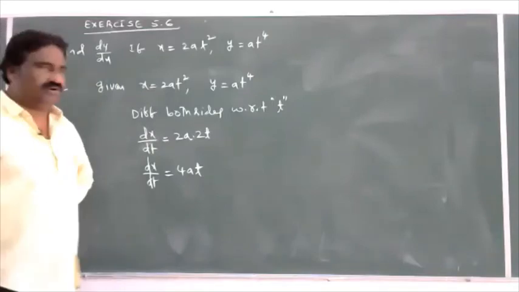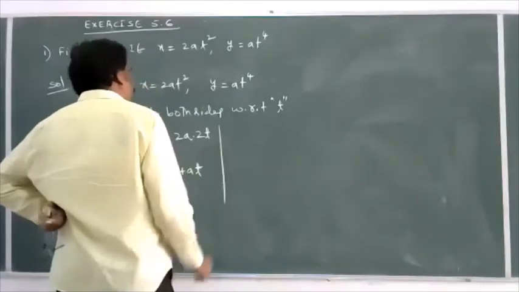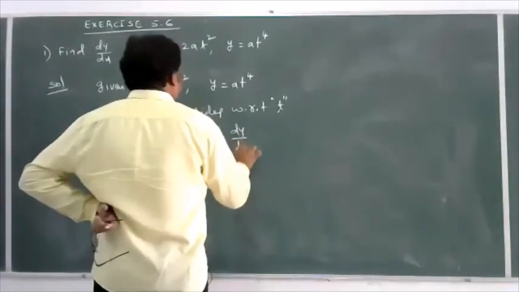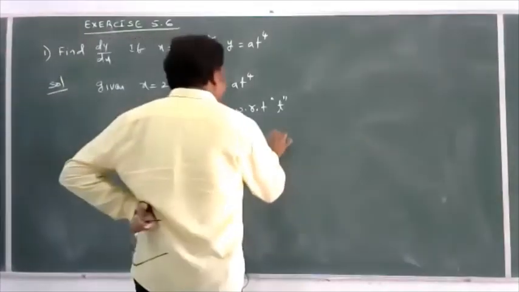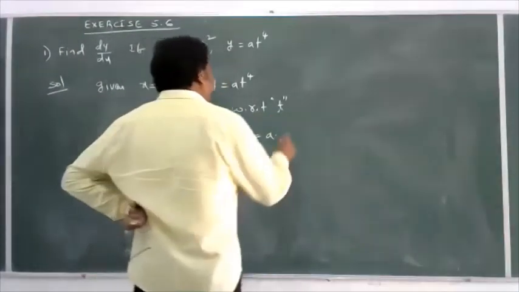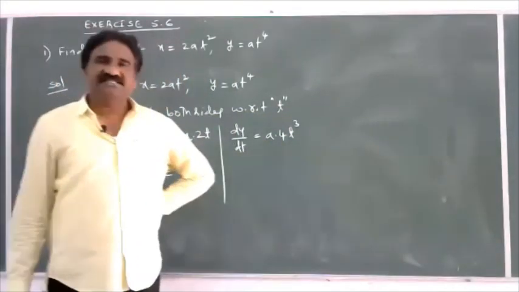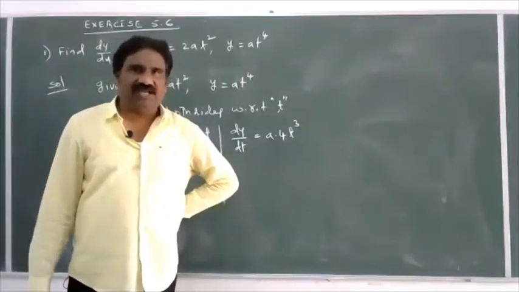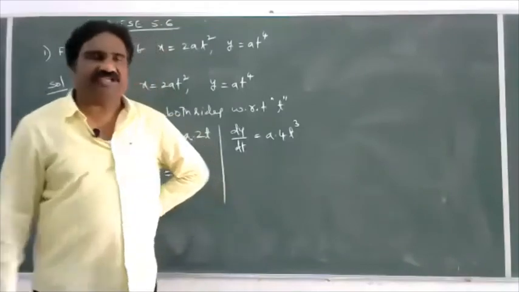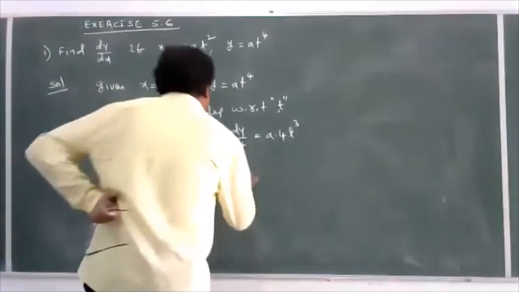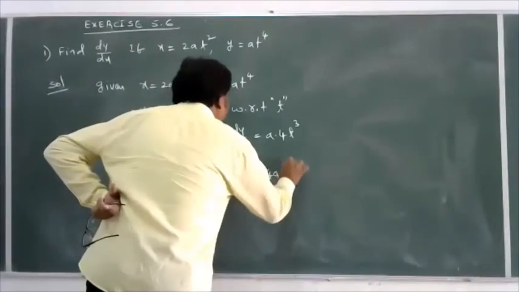Here y is equal to a t to the power of 4. dy by dt is a constant into t to the power of 4 derivative, 4 into t cube. What is x to the power of 4 derivative? 4x cube. Like that, t to the power of 4 derivative with respect to t is 4t cube. So dy by dt is equal to 4a into t cube.